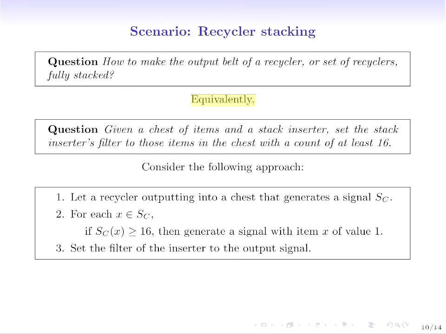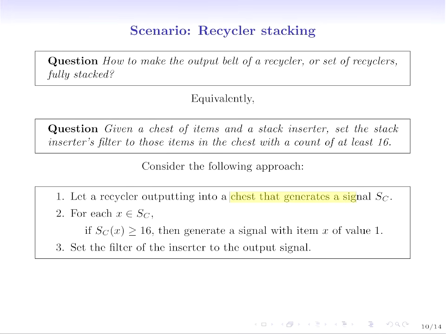Therefore, we can convert the question to, if we have a chest and a stack inserter, I want to set the stack inserter's filter to the items in the chest whose count is at least 16, which is the number of items in a full stack. The most common approach that you will find on the internet will be the following.